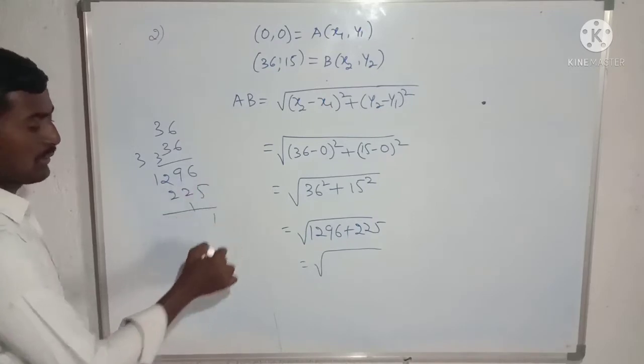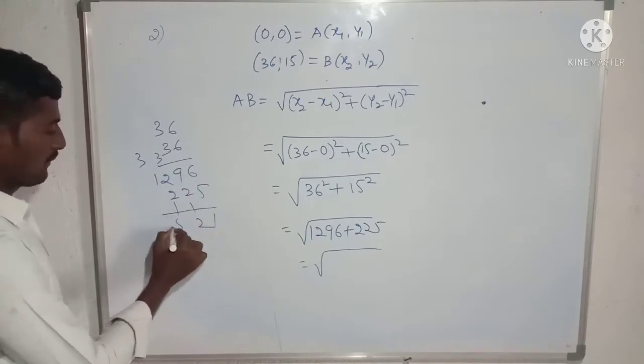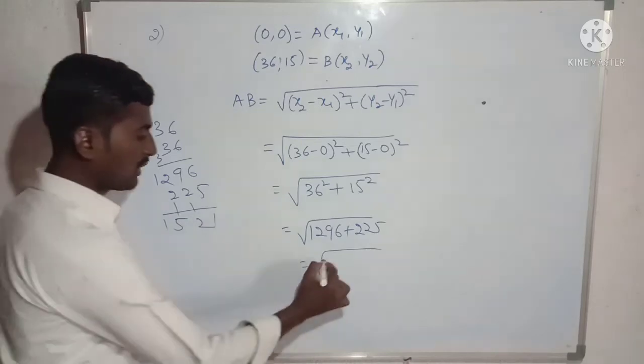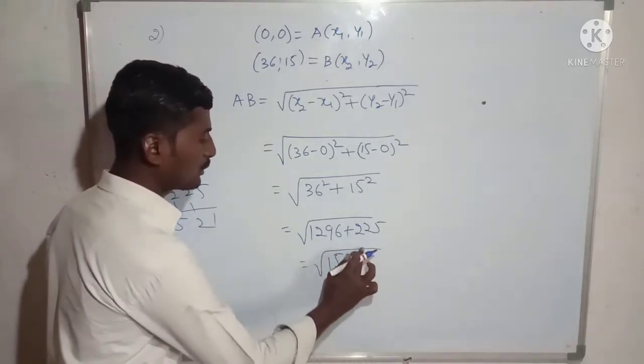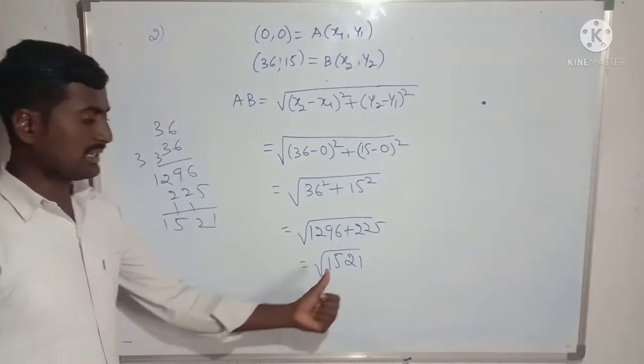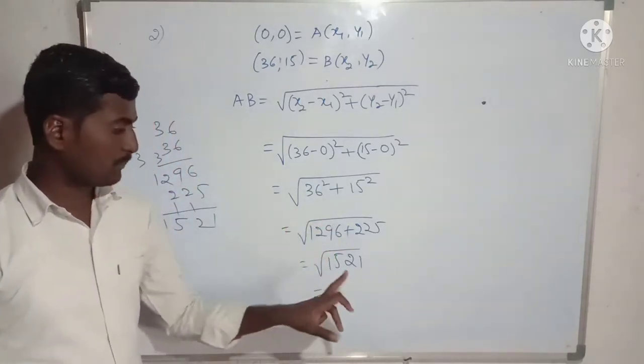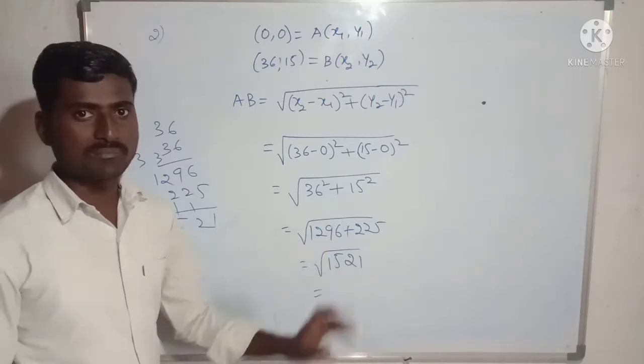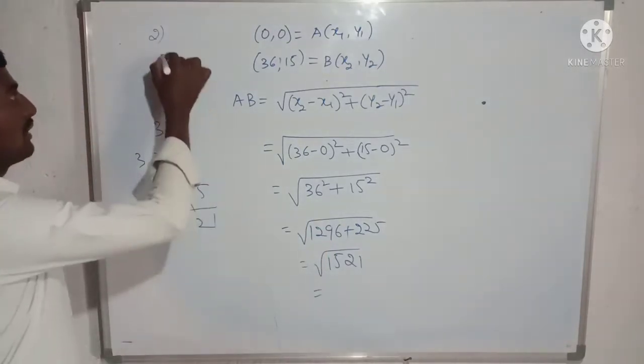6 plus 5, 11. It is 12, 5, 1. So we are getting 1521. Then square root of 1521. So it is in between 30 and 40. But you have to see the unit digit. That is 1. It must be square of 39.